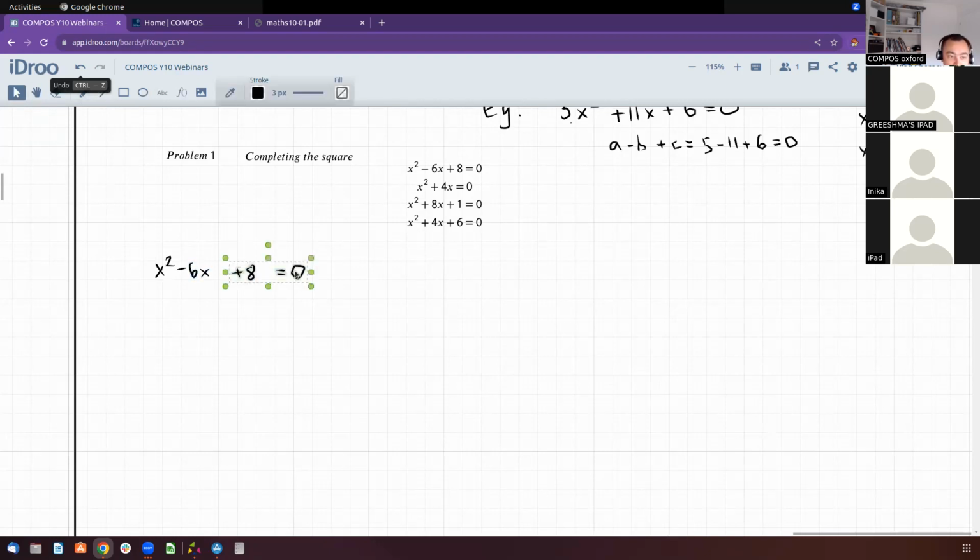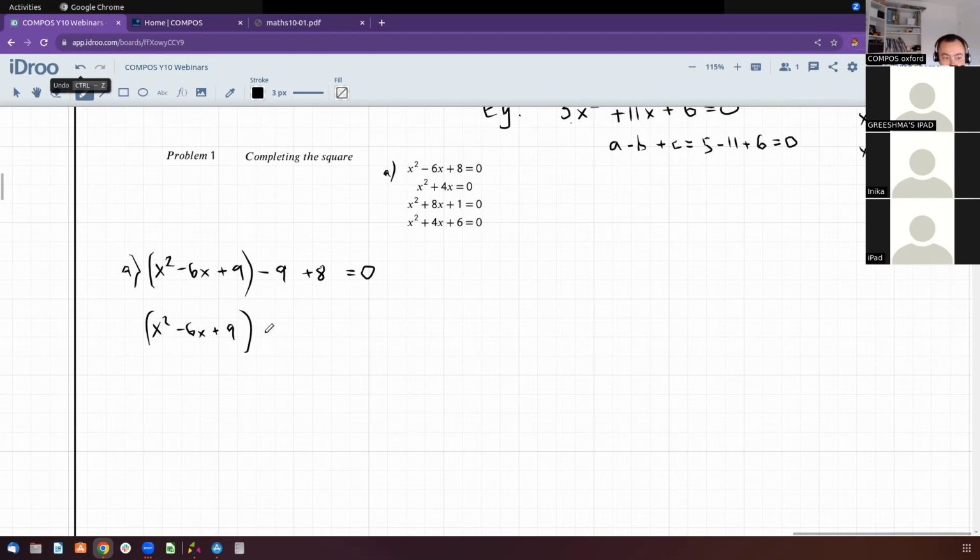So what I'm going to do is write plus 9 and then minus 9, because that's what we need, and minus 9 because we've added 9, so we subtract 9. So basically we did nothing. And then we have x squared minus 6x plus 9, so this is a bracket.